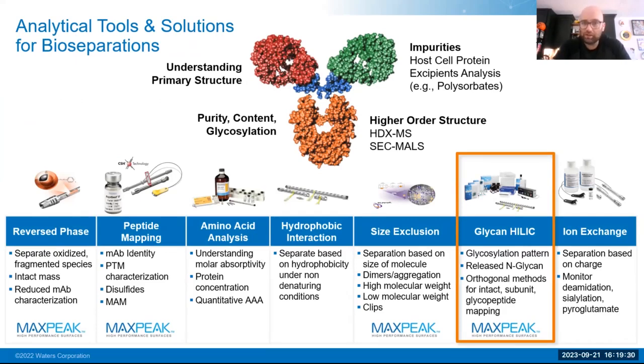You'll see that we have everything from columns to a number of other consumables to allow for, again, the very high level order characterization from the tertiary structures down to the individual glycans themselves, even to the point where, if we break those down into individual sugars, we can characterize those as well. So we operate across a wide variety of spaces within the HILIC space for glycan characterization.